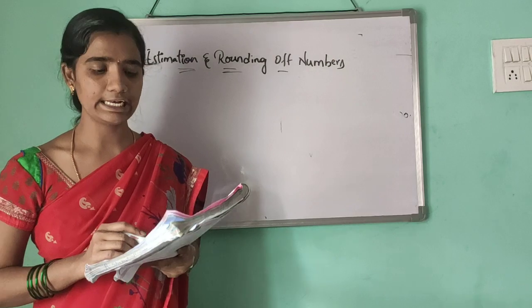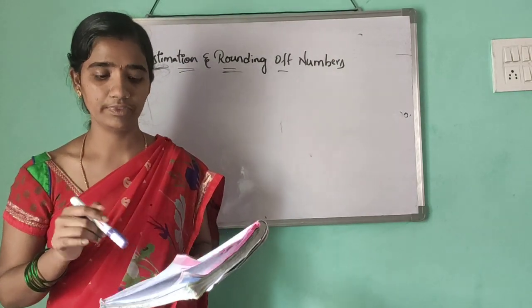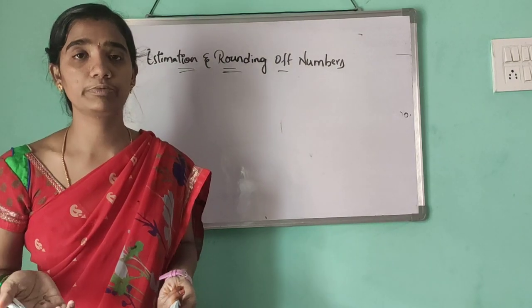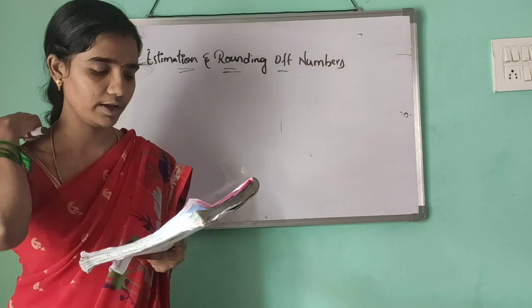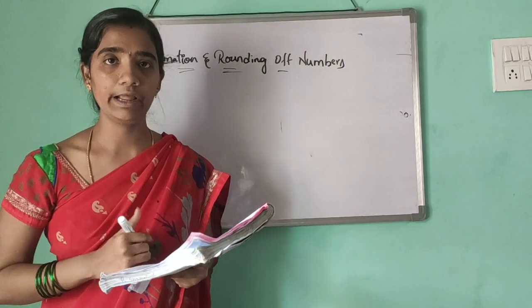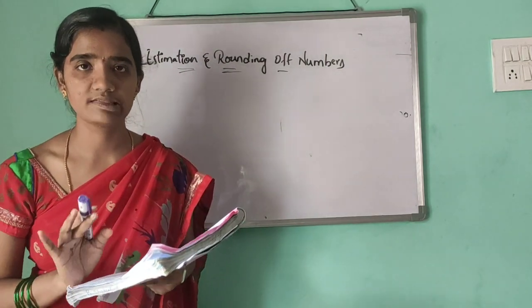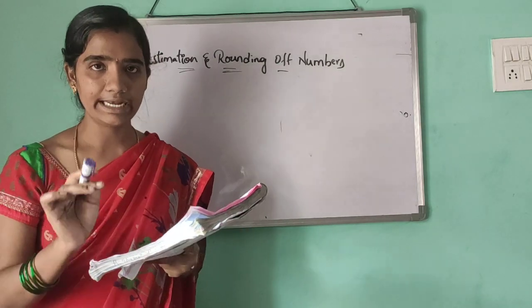Nearly 25,000 people visited the Sarojini Museum in the month of November. How can we say that? 25,000 people, that is the estimation. The words nearly, approximately, roughly do not show the exact number of people or material.